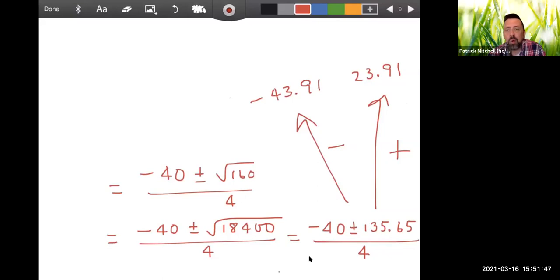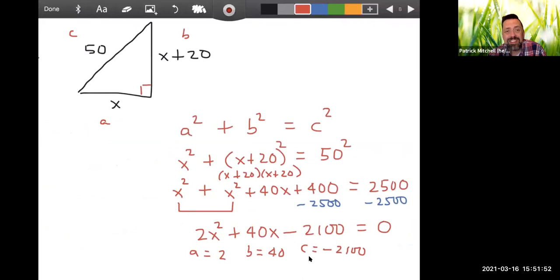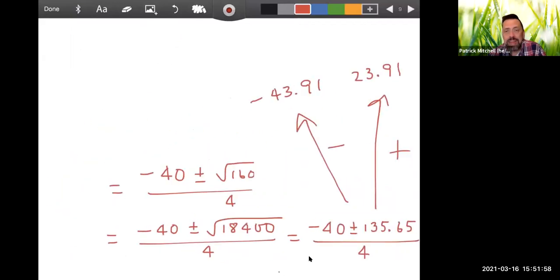Okay. Now remember what X stood for. X stood for the shorter distance along the sidewalk. So it doesn't make any sense for that distance to be negative 43.91. So that solution we can disregard. So is the answer 23.91? No, it is not, because remember what the question was.